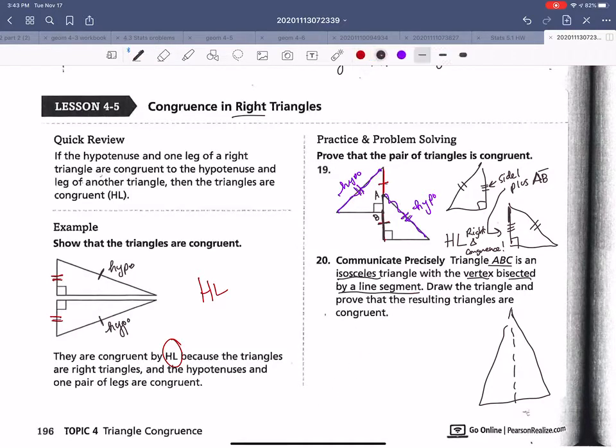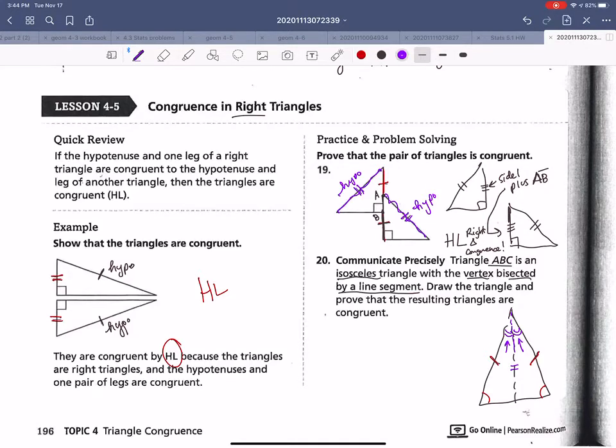And so they're saying this is an isosceles, so that's given. And we know the isosceles theorem states if these two sides are equal, then these angles are equal. And then we know using the isosceles theorem that if you cut this in half, these two angles would be equal. And we also know this side is equal.